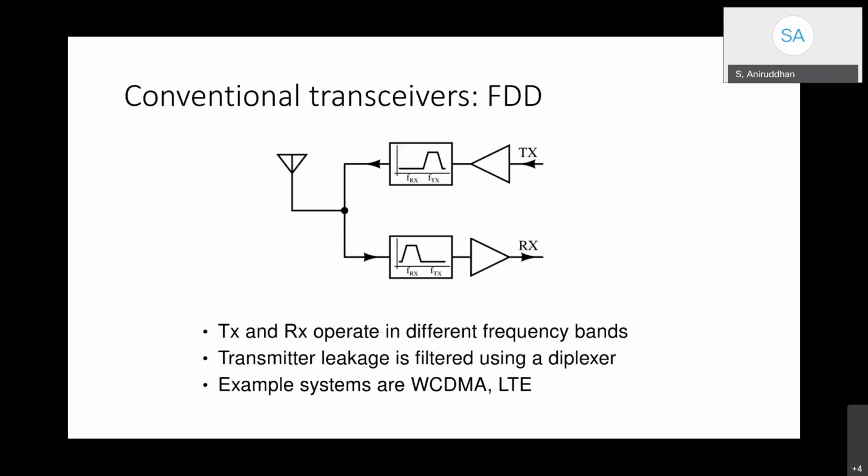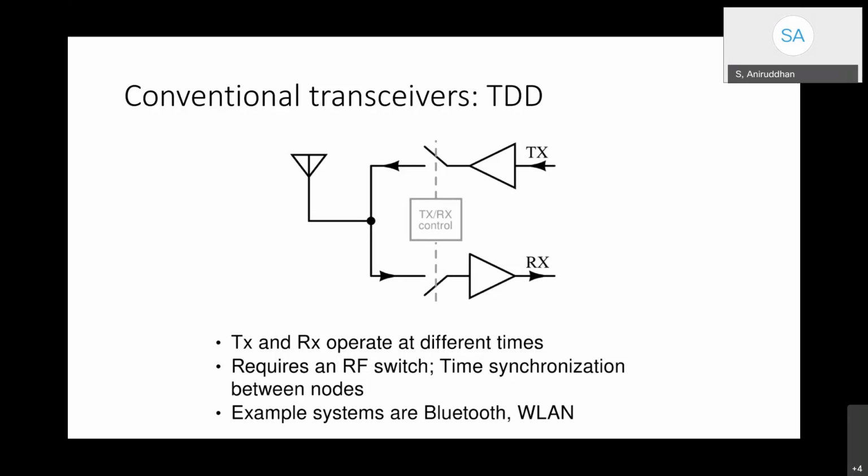So for example, on the RX side, you need to filter out the transmit signal. This particular block is called a diplexer. 3G and 4G are examples of FDD systems. For example, GSM standard was time division duplex.